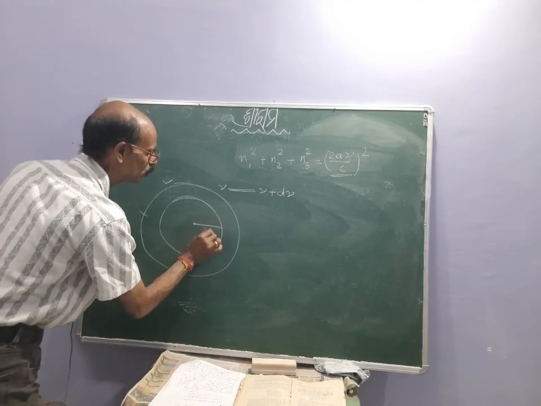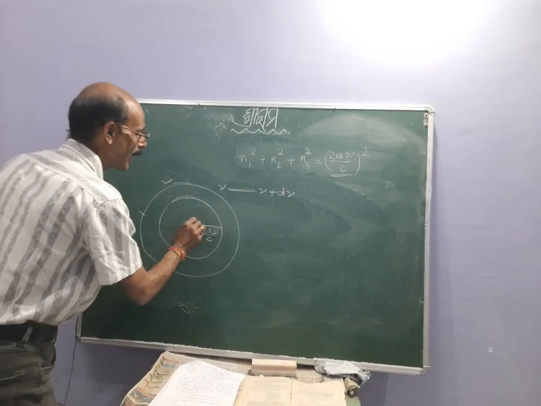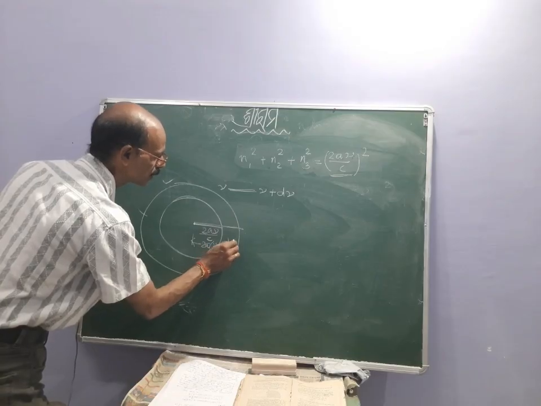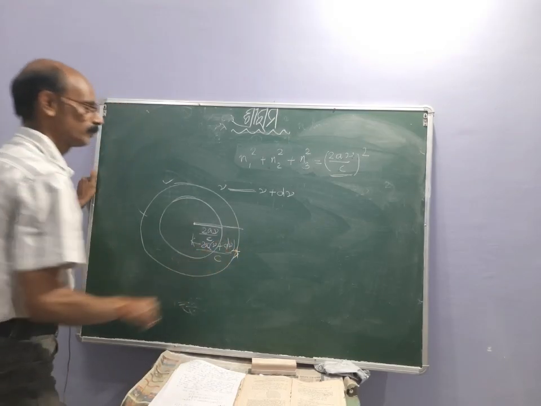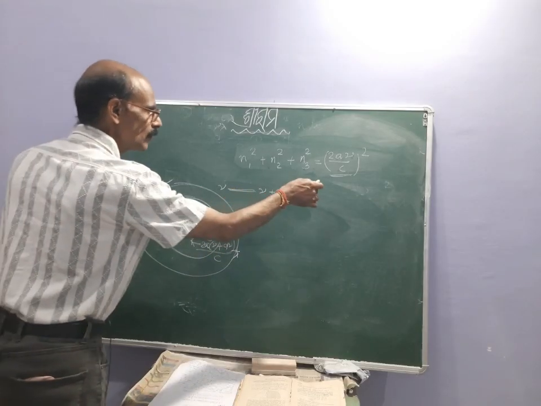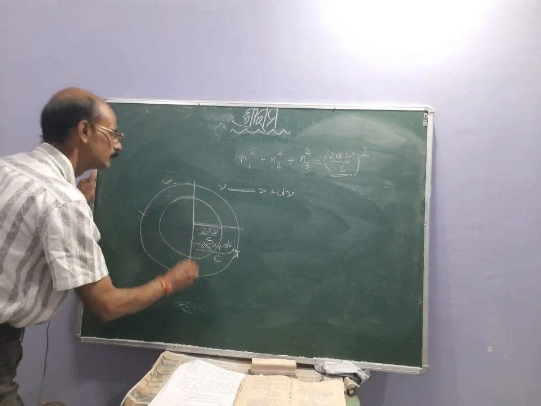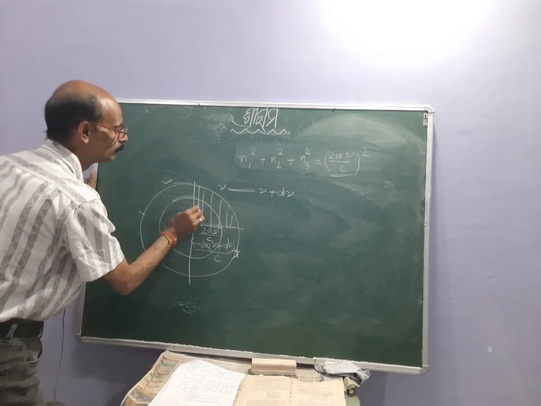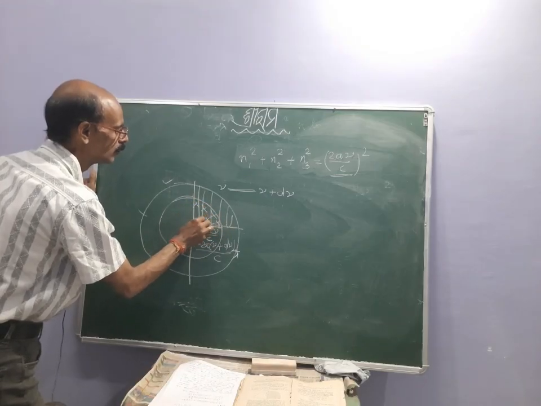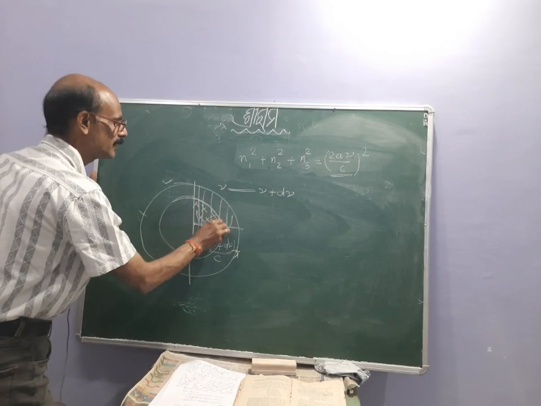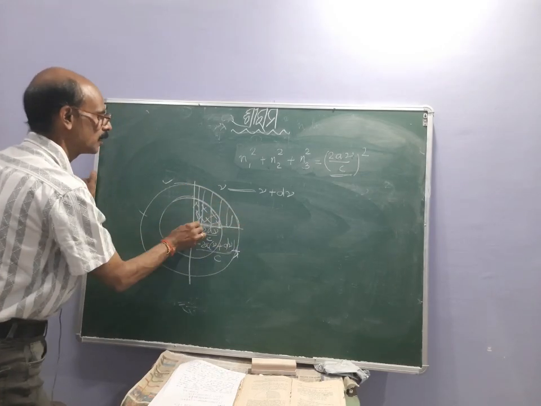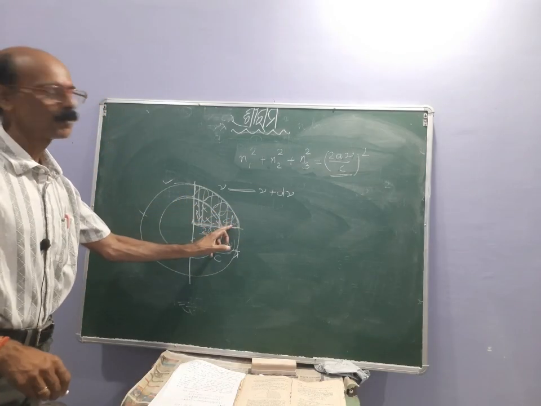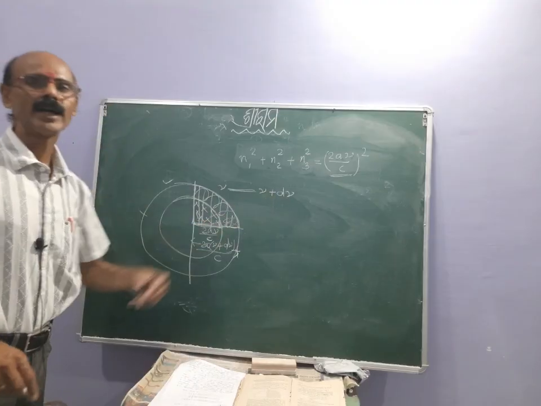This is the radius 2aν/c and another radius 2a(ν + dν)/c, and I will subtract this area from this area, so that I will get the sets of modes of vibration within the range ν and ν + dν.